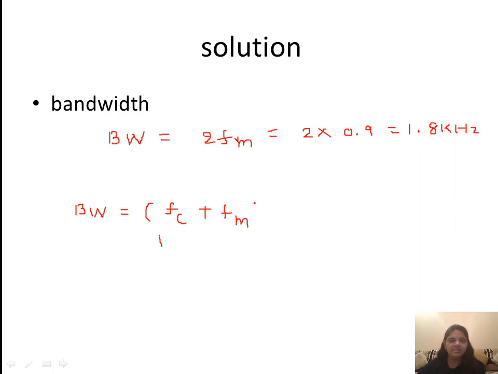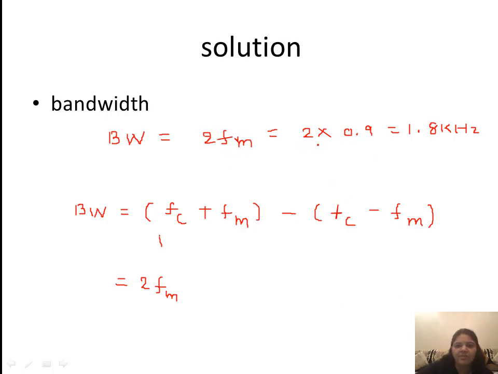So Fc minus Fc cancels, and Fm plus Fm remains. We can keep in mind that the bandwidth for the AM wave is twice Fm. We can put in the value of Fm here and find the value of the bandwidth.